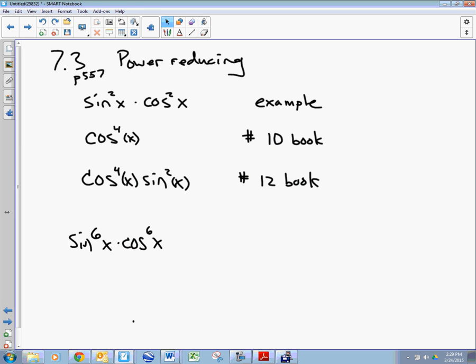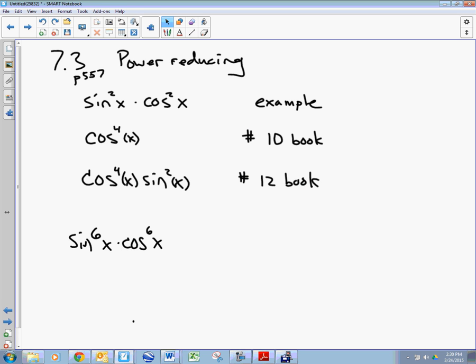I want you first to do sine squared times cosine squared. We already did that one, didn't we? I want you to do it again for a homework problem, and you can check it against the example in your notes. Second, cosine to the fourth. We already did sine to the fourth, so cosine to the fourth shouldn't be that difficult.